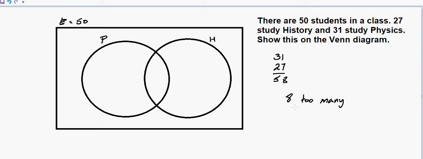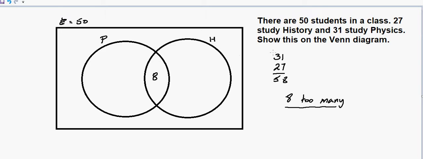And it's that group that is too many that goes into the intersection. Okay, this is always the case. So we have 8 too many, so we know that 8 must be doing physics and must be doing history.